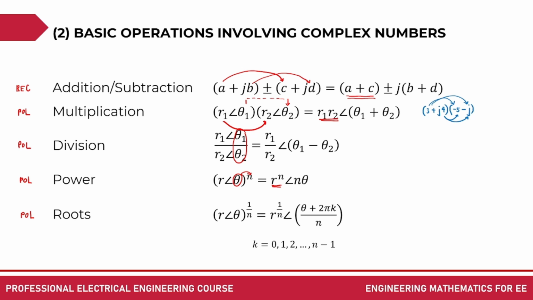And then for the roots, you simply get the root of the magnitude and divide the angle by n, provided that you add the partial values for the angle. I'll discuss more about that later when we go to examples.